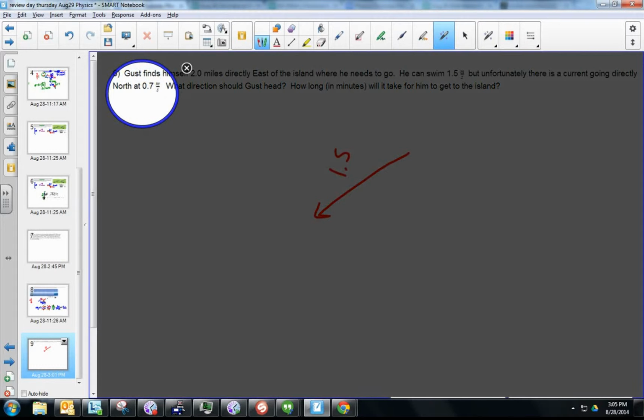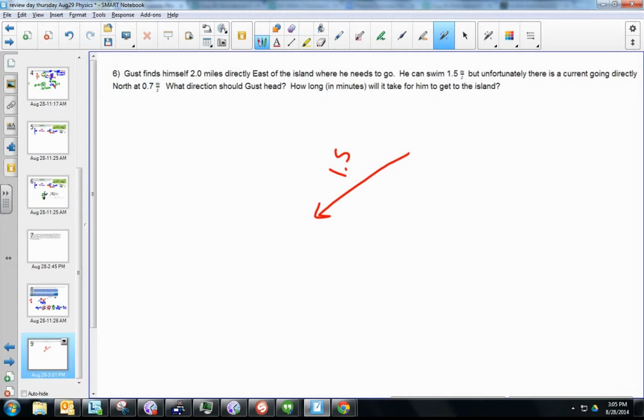And in fact, he wants the components of his 1.5 swimming. Let me get that 1.5 out of the way there, because he's got 1.5 that he's swimming. He's going to want to be going towards the island because he needs to get to the island, but he's also going to have to swim south to cancel the north current.